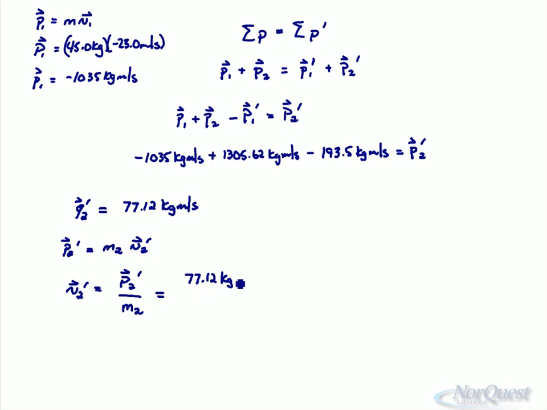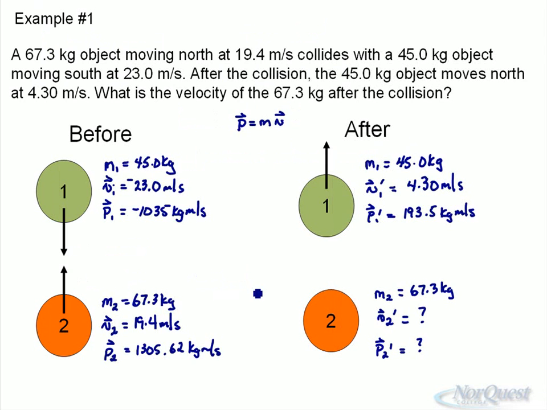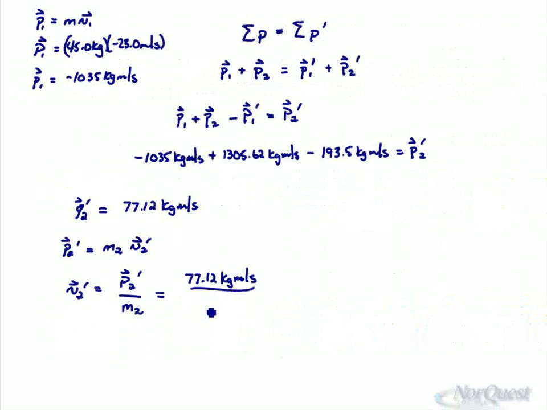So if I take my 77.12 kilogram meters per second and I divide it by the mass of object 2, which was 67.3 kilograms, I will end up with 1.15 to the right significant digits, 1.15 meters per second.